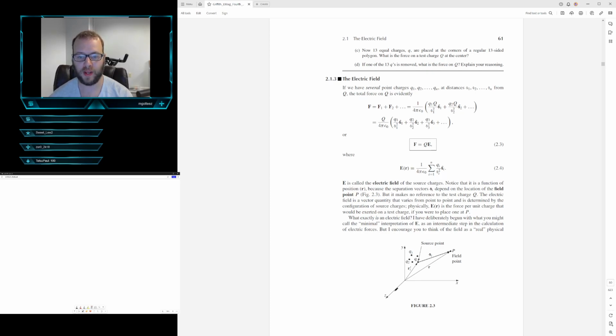We can see that in this diagram here. The source point is going to be r prime, the field point is going to be at r, and the resulting force vector is along ri. So we're going to have multiple force vectors pointing in that direction.